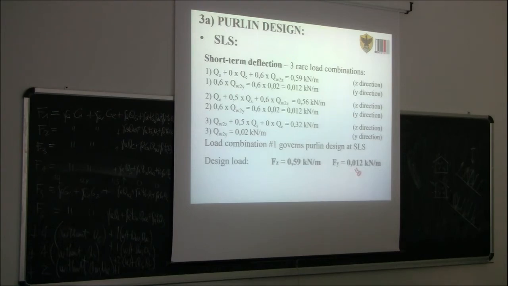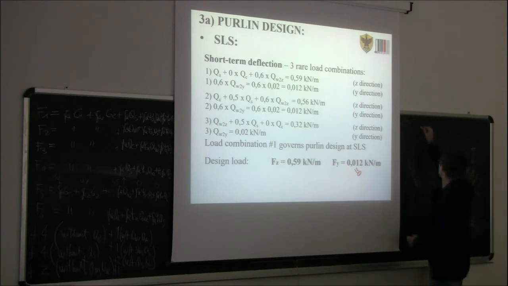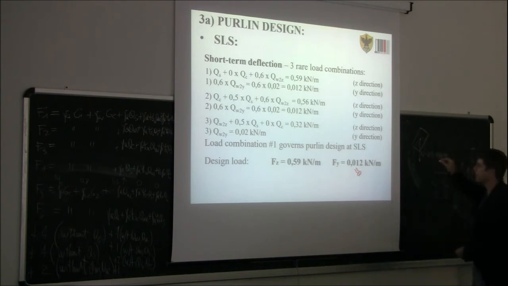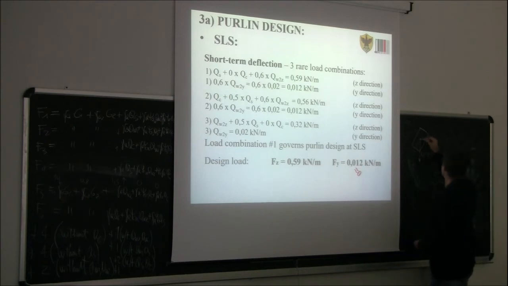Again, strictly speaking, what we should be doing is calculating the deflection of a beam like this, subjected to a load Fz equal to 0.59 kilonewton per meter, and the horizontal load Fy equal to 0.012 kilonewton per meter.